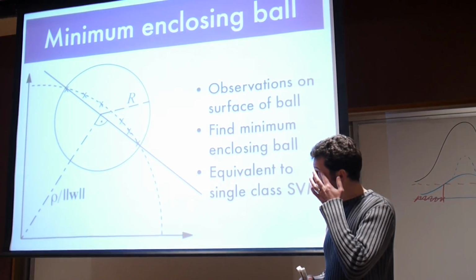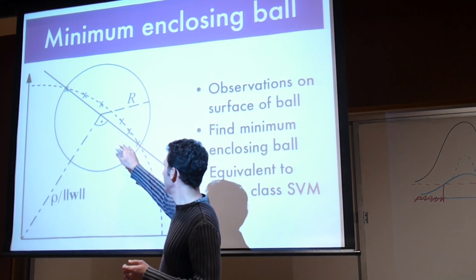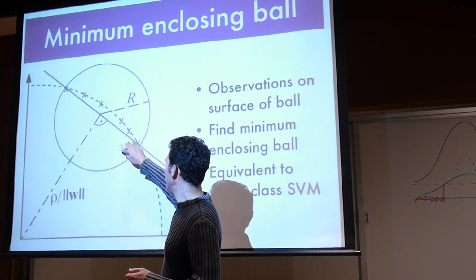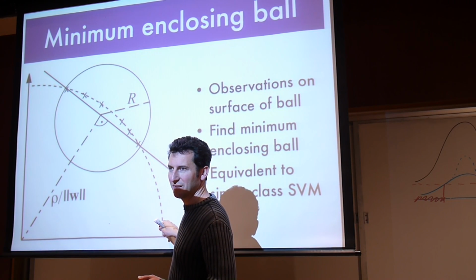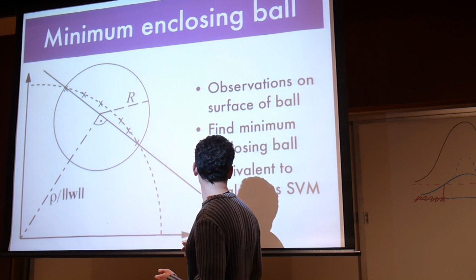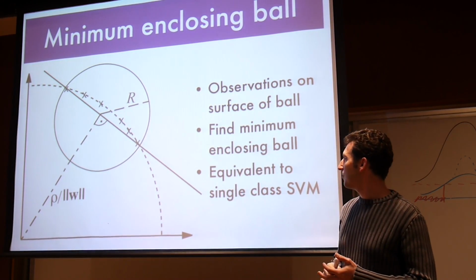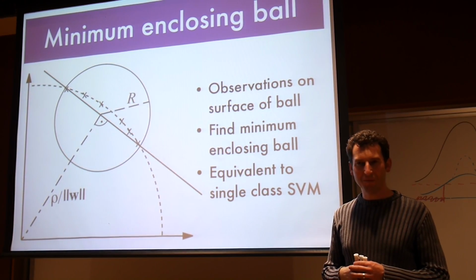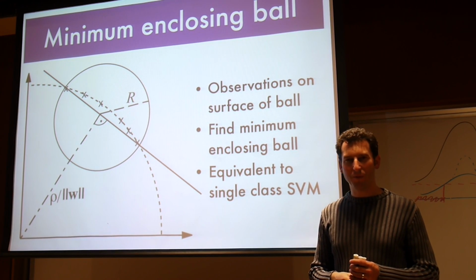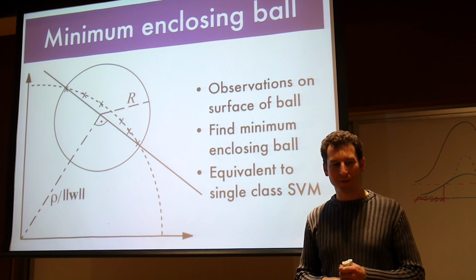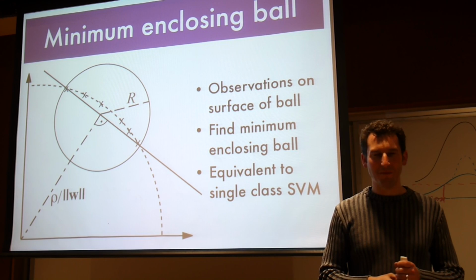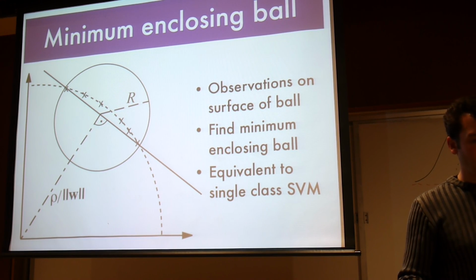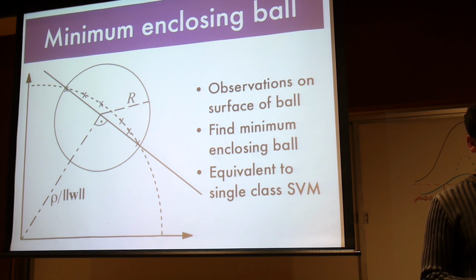And you can actually show that this is equivalent to the novelty detection problem in the case where all the points lie on the surface of a sphere. Now, can somebody tell me an example where all the points lie on a sphere in a support vector machine? How would you measure the length of a vector in Hilbert space using a kernel?